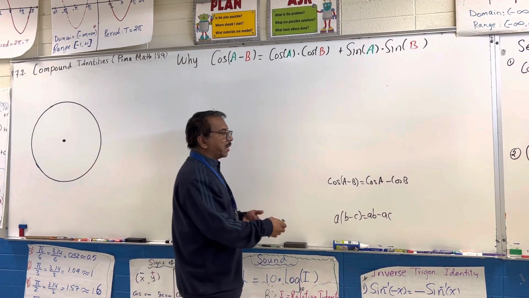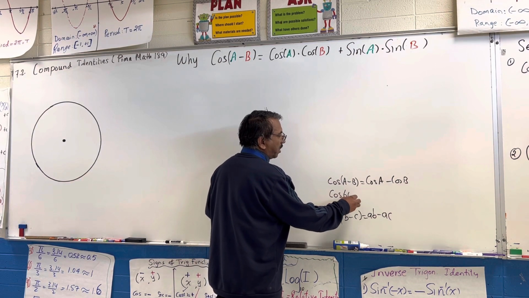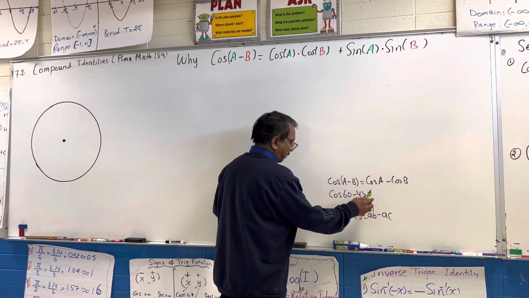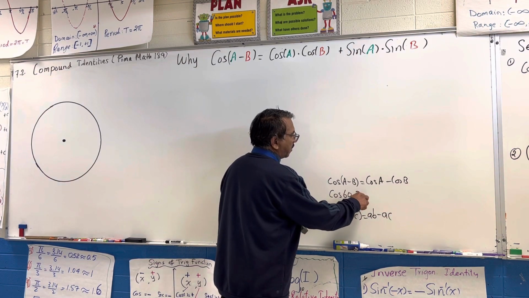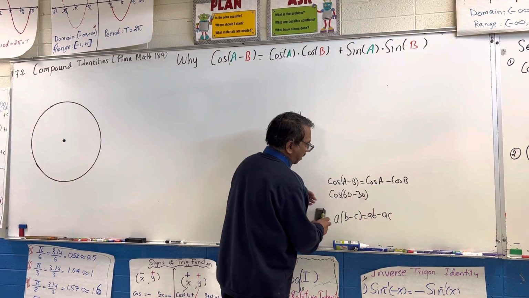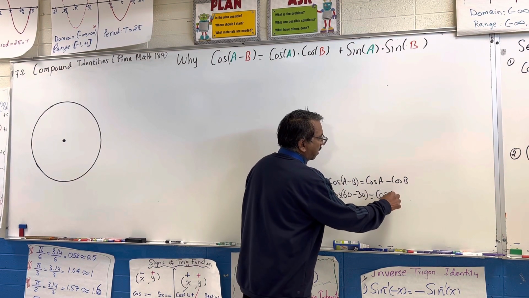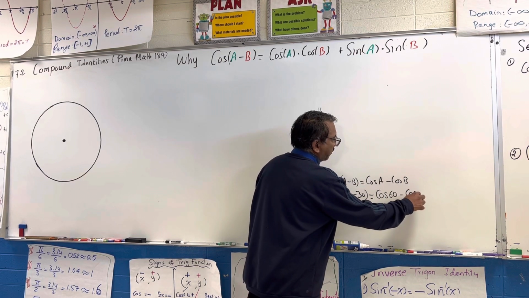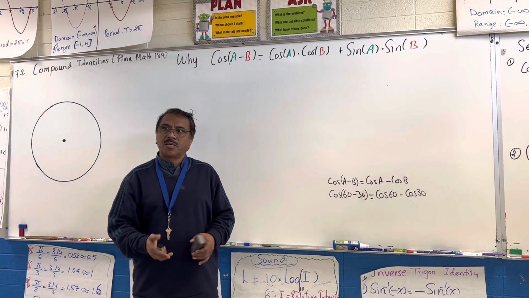And I can take a simple example. Let's write cosine of 60 minus 45 degrees, or let's say 60 minus 30 degrees. I just want to make sure that that doesn't work, okay? So the question is, is this really true? Can I write this as cosine 60 minus cosine 30? We want to make sure whether it is really true or not.